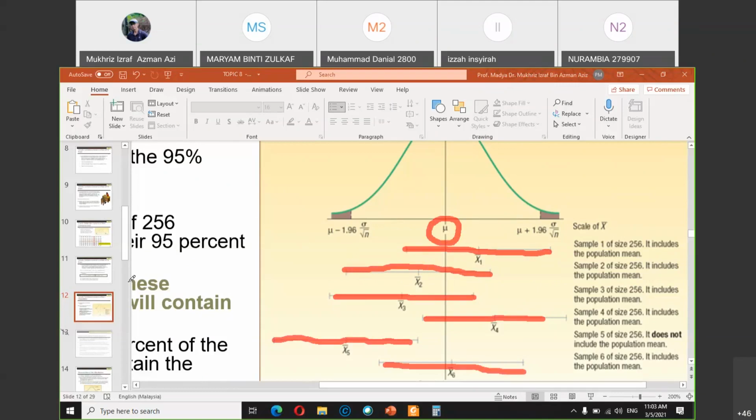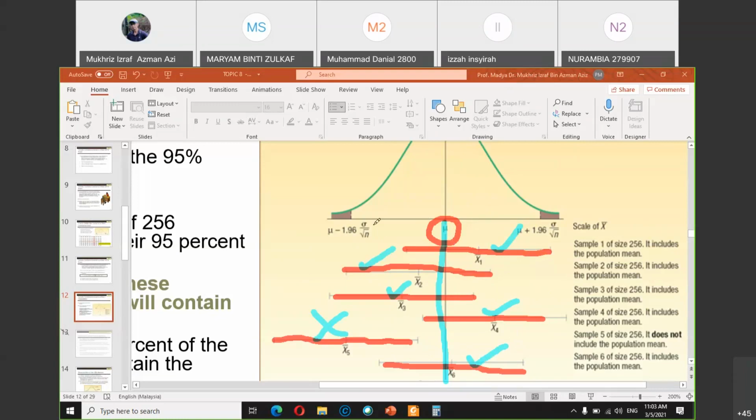The population mean happens to be inside the interval how many times? It is inside this interval, and this, and this, but not inside this one, and it is inside this one. If you repeat the process many times, 95% of the intervals that you construct will contain the value of mu.